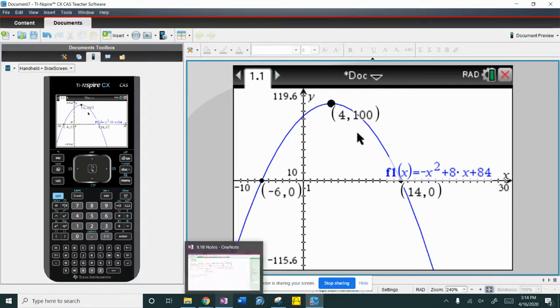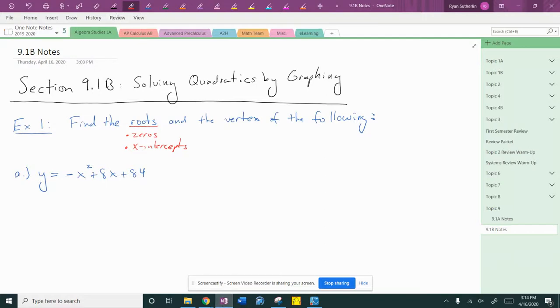So let me sketch this out here. Again, we just have to do a basic sketch. We had a parabola that opened down, and we had one root, one x-intercept, at negative 6, the other one at 14, and we had the vertex at (4, 100).